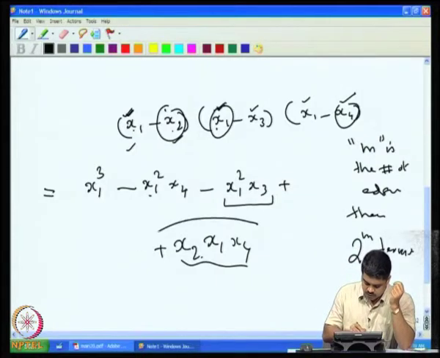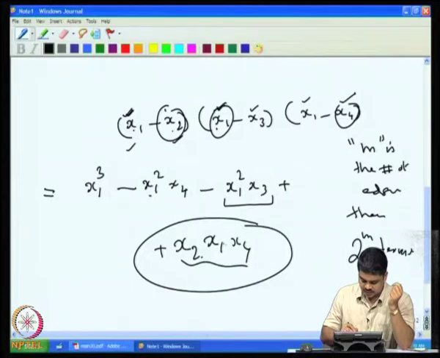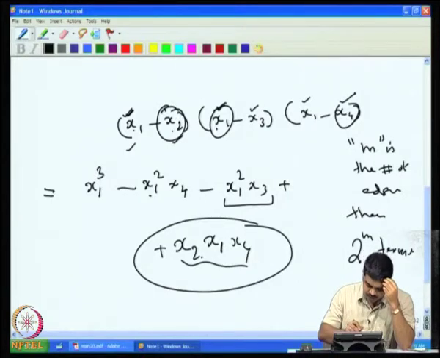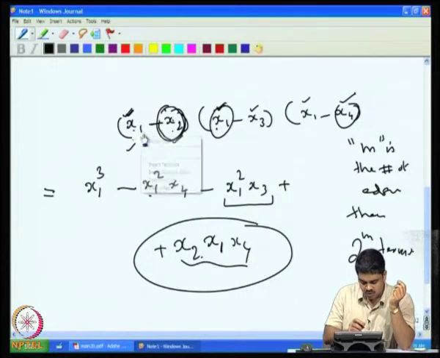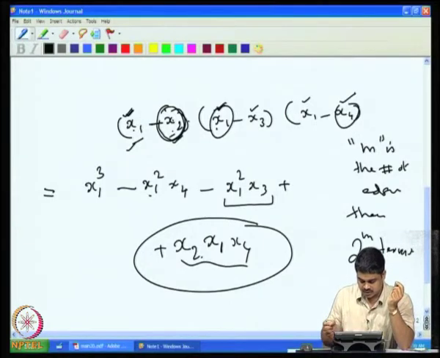So, for instance, let us look at this term x2, x1, x4. That means we picked up this x1, x2, the second term. You know, always these terms are written such that the first term has the smaller index and the second term has the higher index. So, I picked up the second term.